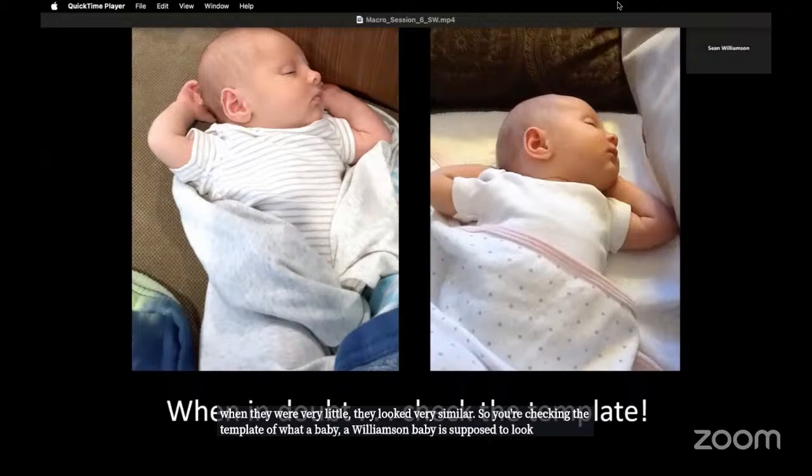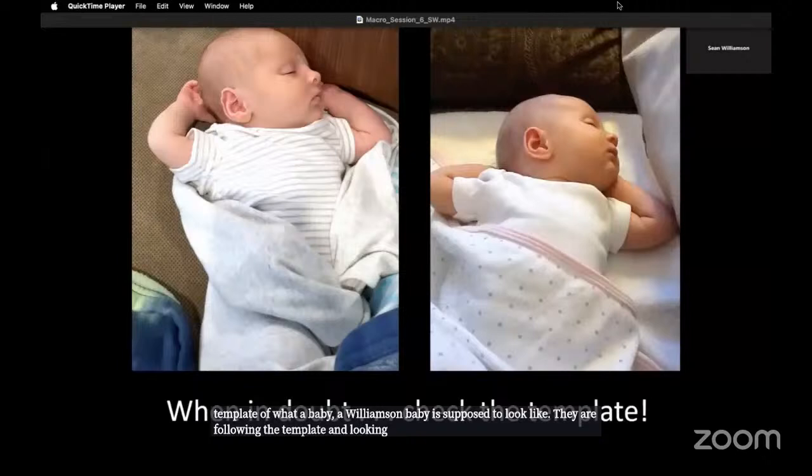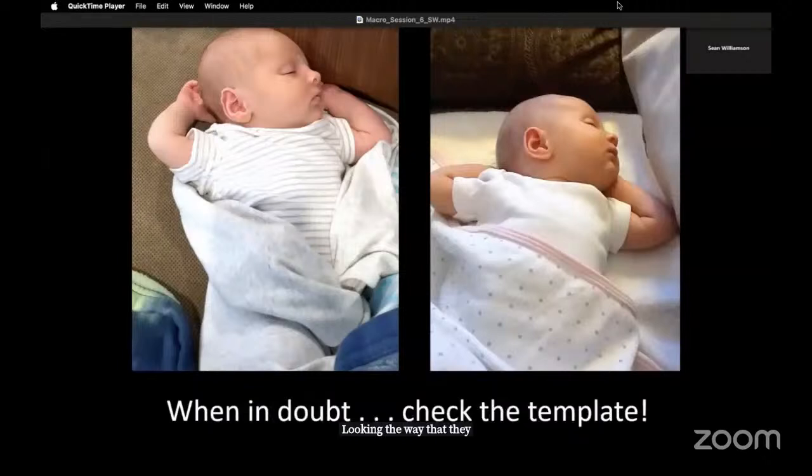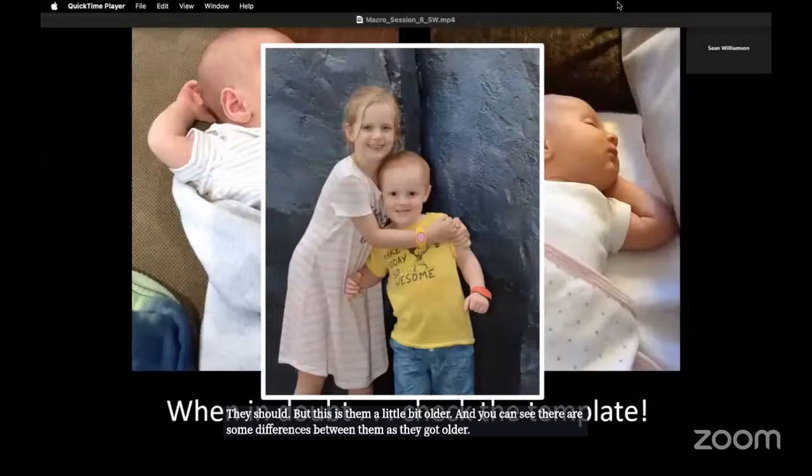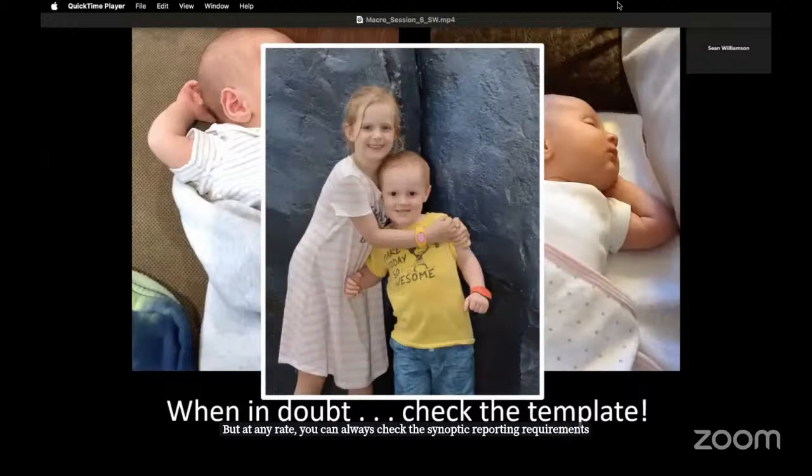They were following the template and looking the way that they should. But this is them a little bit older, and you can see there are some differences between them as they got older. But at any rate, you can always check the synoptic reporting requirements when you're doing the gross examination of a specimen and see what you need to be looking for.